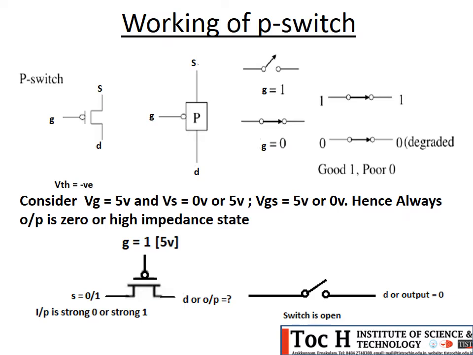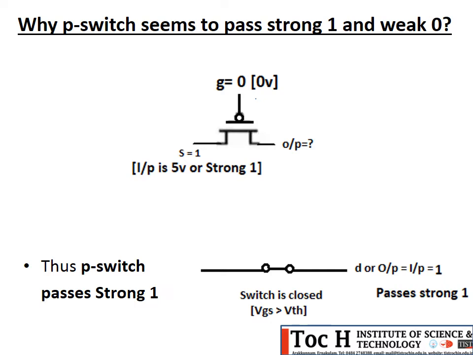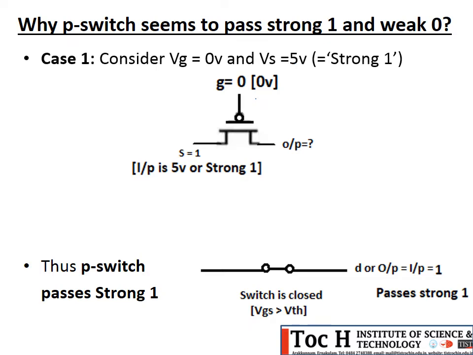Next, moving on to our 3-case situation. Why does P switch seem to pass strong 1 and weak 0? So this is the sentence that we need to justify. So consider case 1. Consider Vg equal to 0 volt and Vs is equal to 5 volt, which is otherwise known as strong 1.